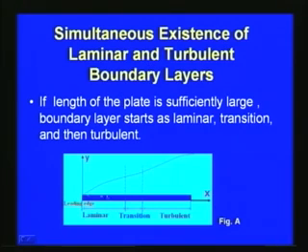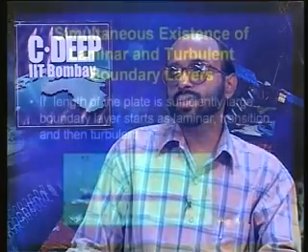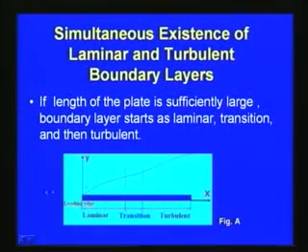So, here also we consider a flat plate which we have seen in our earlier derivations. The flat plate is placed like this, and the free stream velocity is coming in this direction, and this is the leading edge and here is the trailing edge. Initially, as we have seen, the laminar boundary layer is developed, and then we have the transition and then the turbulence. This is where we want to see how to calculate various parameters.